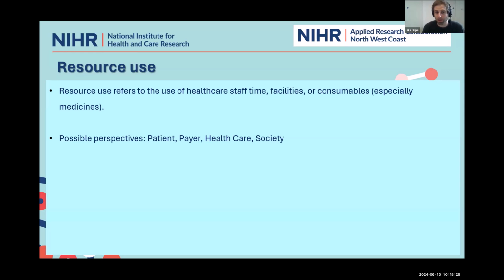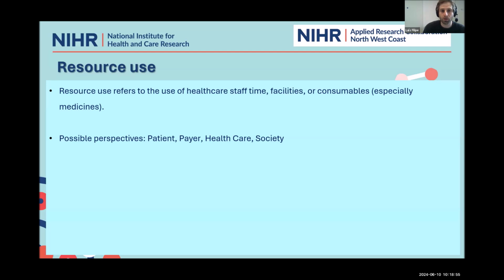Then you may have the payer, and you may have the healthcare service. Sometimes these are very similar. For instance, here in the UK, they will be mostly indistinguishable. But if you find a paper from the US, you may have, for instance, Medicare. And Medicare is a payer, so it's not the one that is delivering the services.